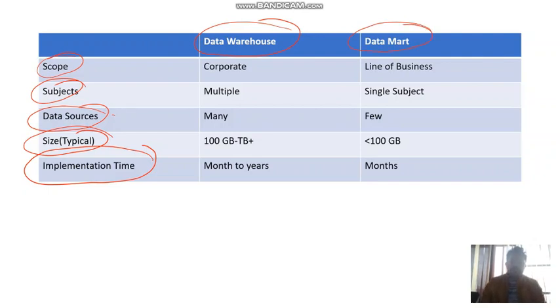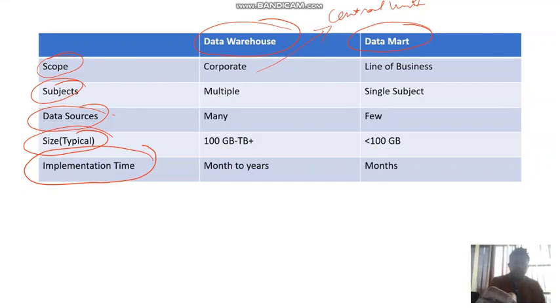The scope of a data warehouse is corporate, meaning the data comes from multiple sources and is controlled by a central unit. Whereas a data mart is controlled by a single source, for example sales, finance, marketing, or the MCA, BTech, MBA, and biotechnology departments.